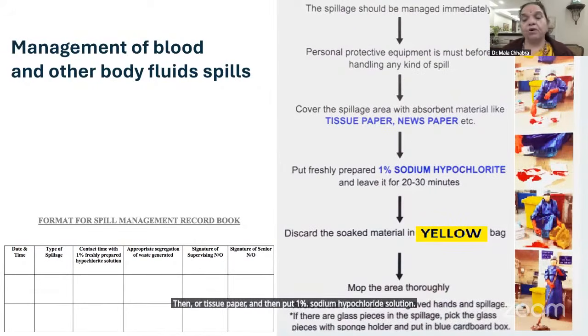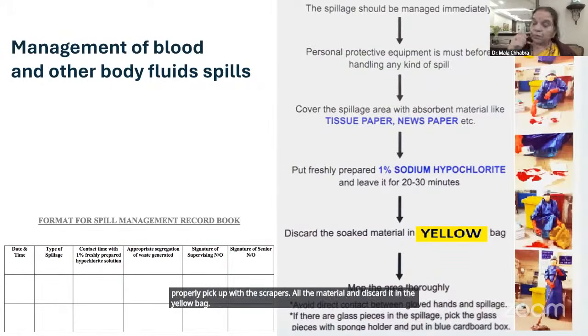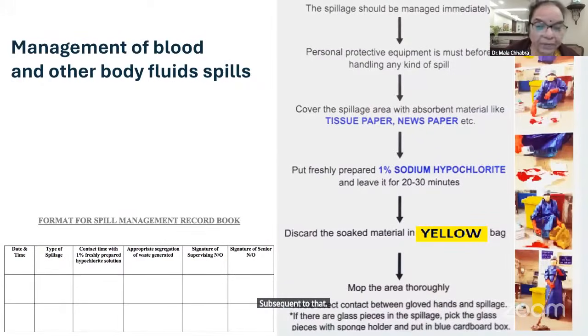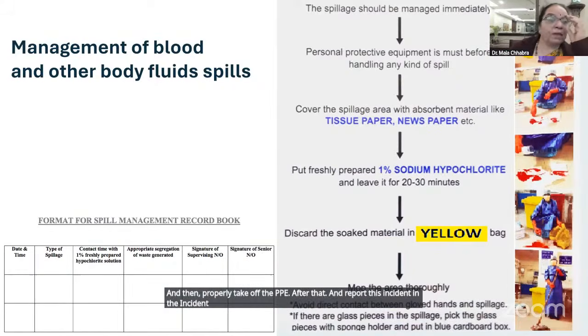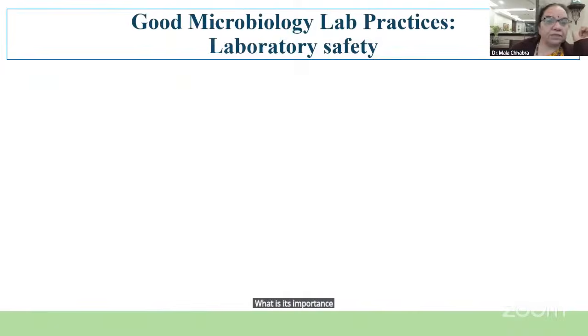Give a contact time of 20 to 30 minutes for it to act completely and disinfect, and then you have to properly pick up all the material with the scrapers and discard it in the yellow bag. Subsequent to that, a regular cleaning should be done. First, which I forgot, you have to put on your PPE and then properly take off the PPE after that and report this incident in the incident reporting form. What is its importance? We will come to it subsequently.